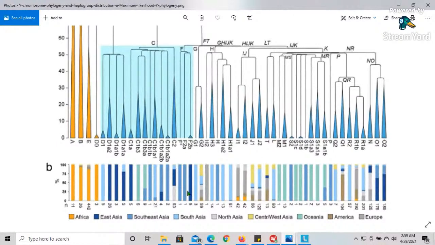But there you see the signature of the Jewish people again, which would be, of course, even the R is a signature, but the T, the G, of course, you have the I. You have all four of these: I1, I2, J1, J2, and the B and the E in America.